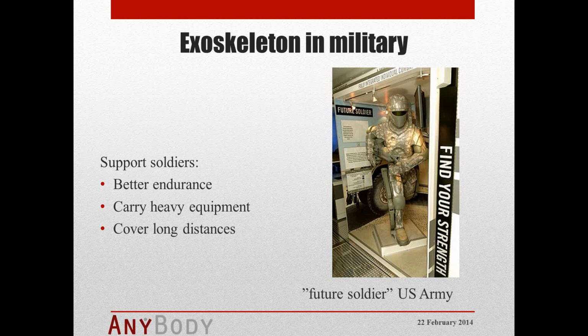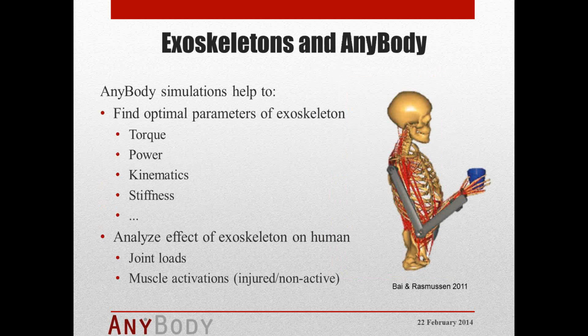So now let's switch to musculoskeletal simulations with Anybody and exoskeletons. Basically there are two main areas in which an Anybody simulation can be used to help the development process of an exoskeleton. First is, during the development process, to find optimal parameters of the exoskeleton.